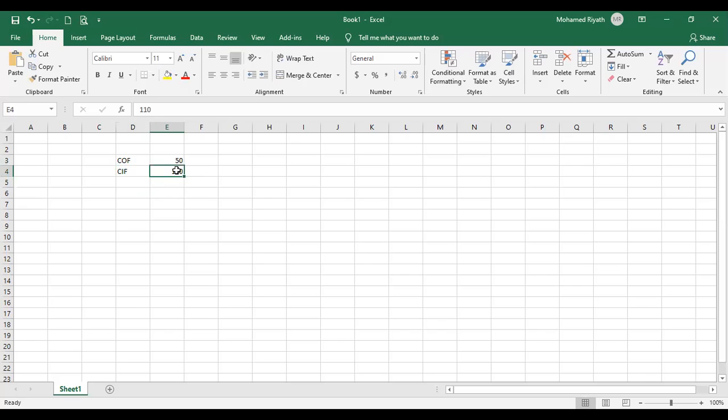And from this 110, there's a chance that some of our customers will not be able to settle the money. So how much is that? Bad debt, 1% or 10%, how much? So 15%, no? It's 15%. Bad debt is 15%.